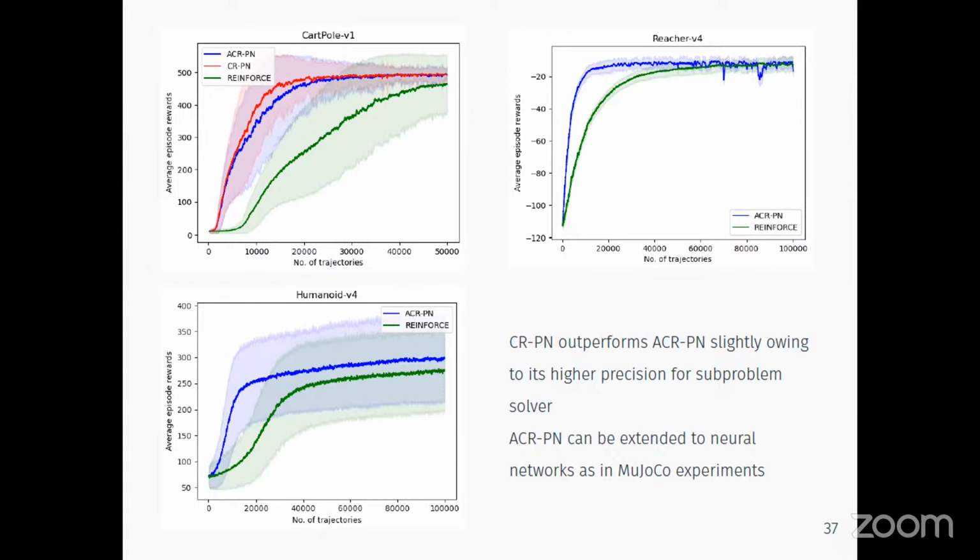So we use neural networks for the features here. Whereas here, with good old linear features and Boltzmann policy, I get to a point where I'm somewhat better than REINFORCE. That's really the deal.